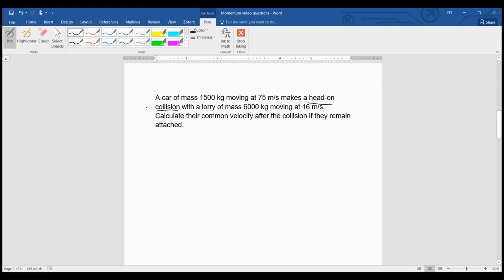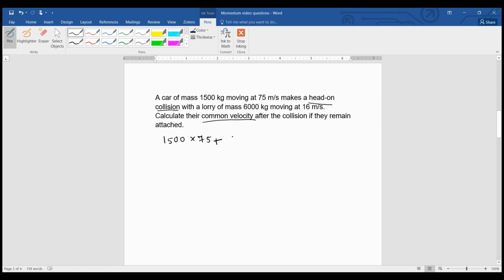So then it says calculate their common velocity after the collision if they remain attached. So again, here they have not discussed in what direction the car and the truck are moving, but they have said that they are remaining attached. So let us apply the conservation of momentum. The momentum of the car before collision is 1500 times 75, and the total momentum will be the momentum of the car and the truck added.